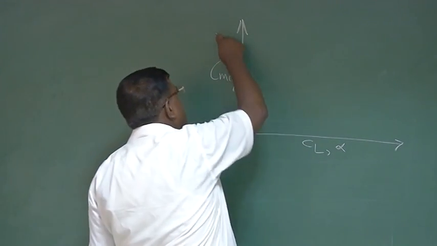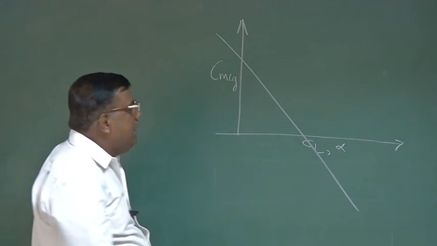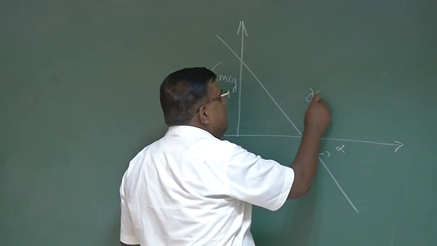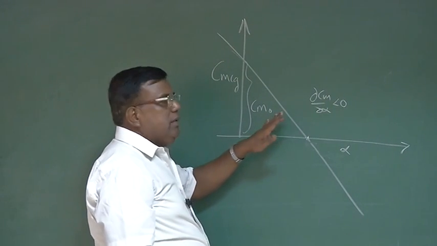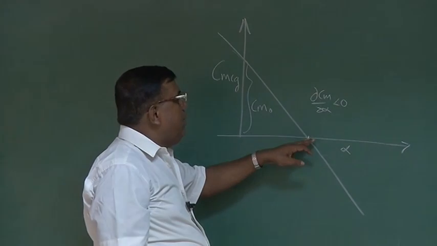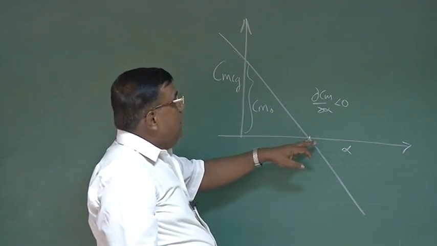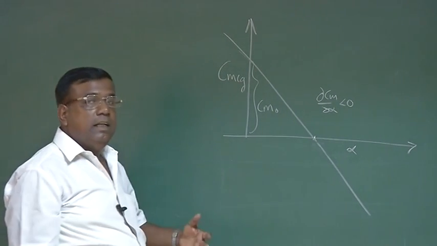So this variation should be like this, where the slope at the equilibrium should be less than 0, that is, negative. For a statically stable airplane, I need to see the slope at the equilibrium, where Cm is 0. At this point, I have to check that dCm by d alpha is less than 0, so it's statically stable.